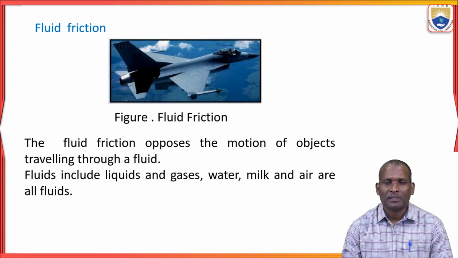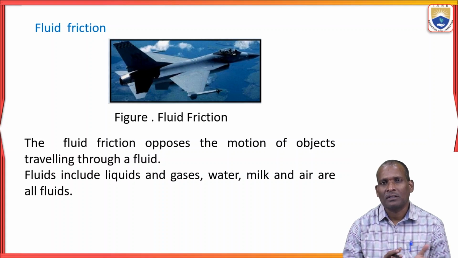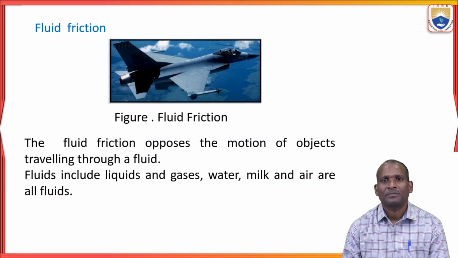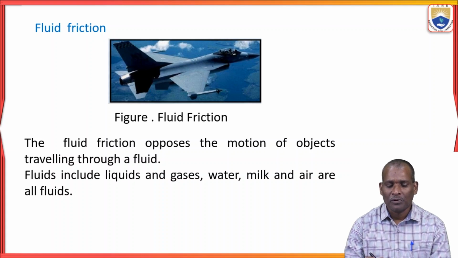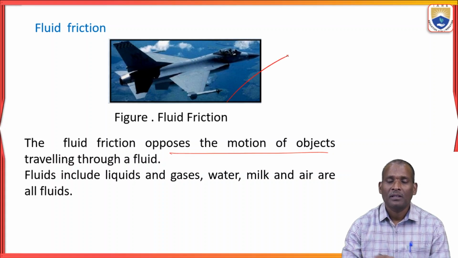Next, one more friction is there, that is fluid friction. Already you know, fluids include water, gases, milk, and air is also a type of fluid. Fluid friction opposes the motion of objects traveling through a fluid. Suppose an airplane is traveling through a fluid.